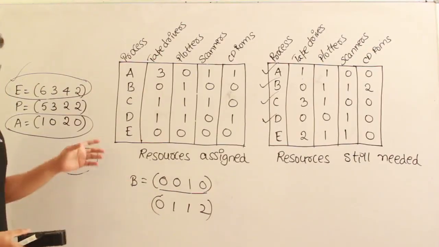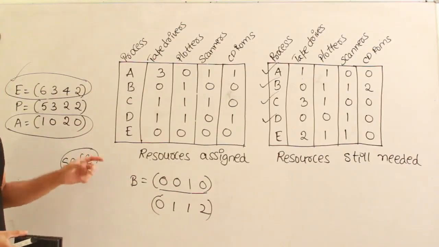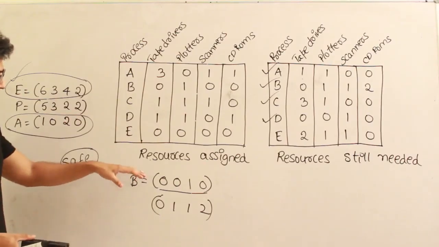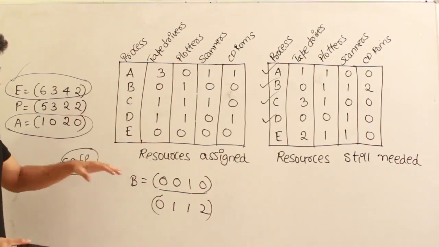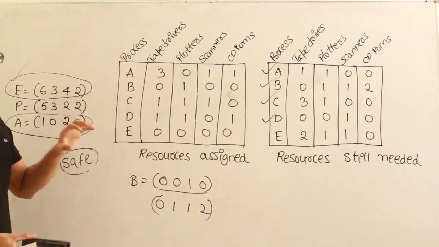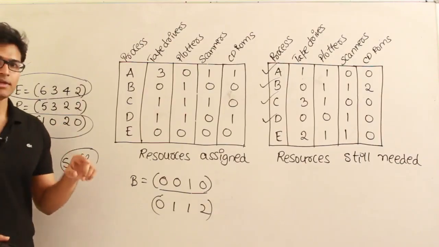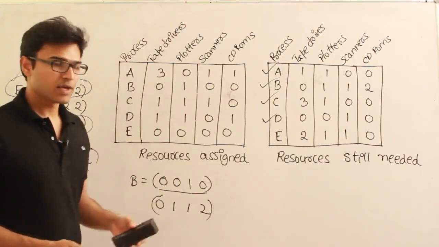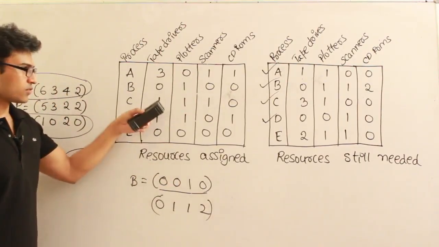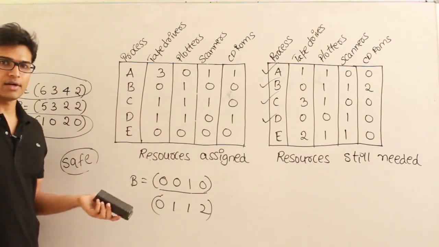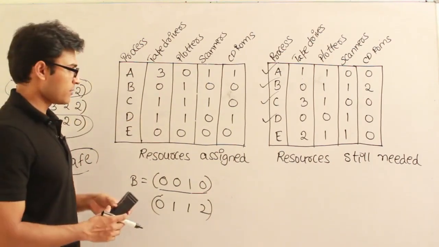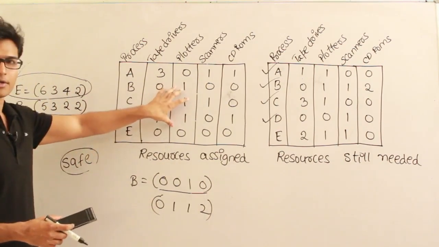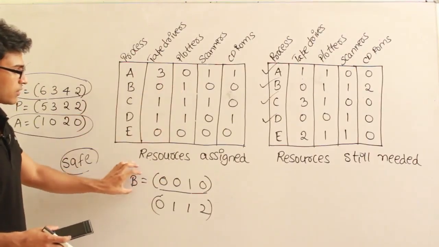Now what will the operating system do? It will act as if it assigns this resource to B, and check whether the system will be safe. If the system is going to be safe even after allocating this resource, then we shall allocate it. So this is the state, and we got a new request from B.